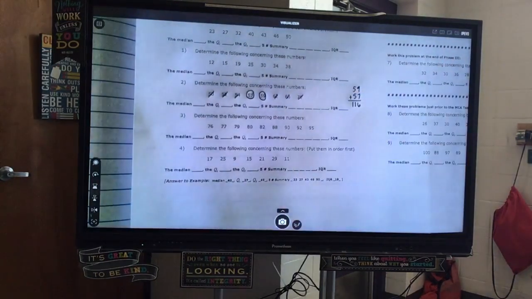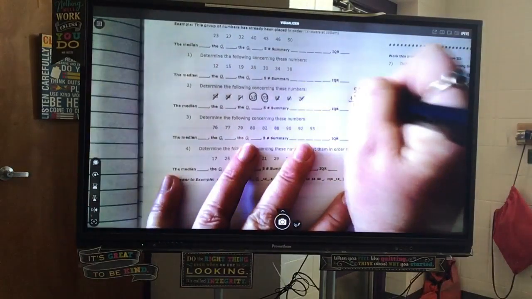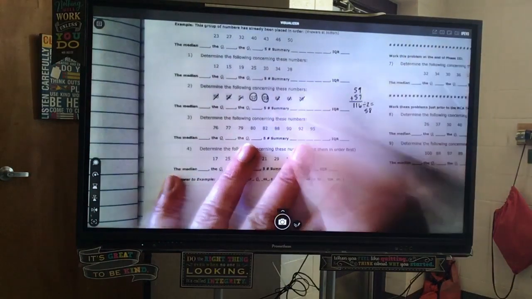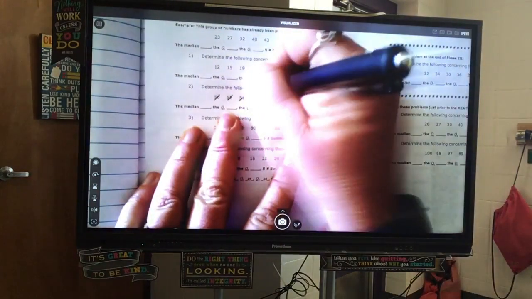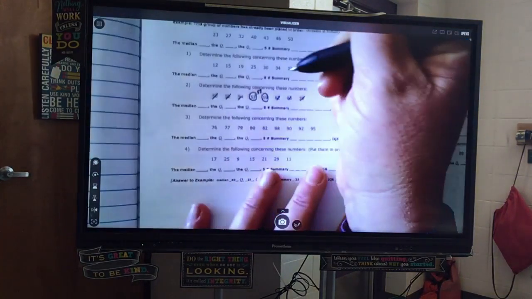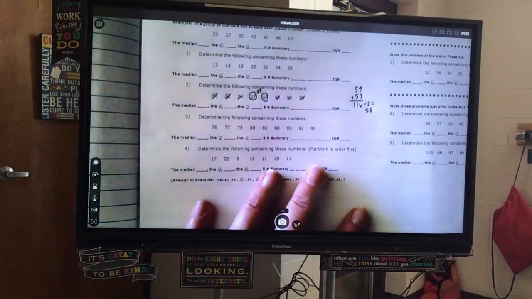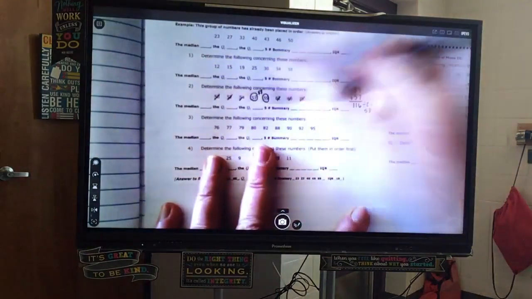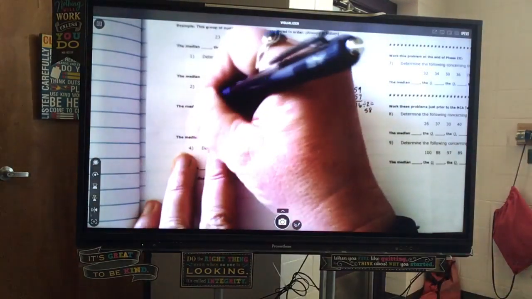Alright, so 116, then what do we do with that? Divide by 2. We divide it by 2, which gives us 58. Yeah. So, I was adding 59 and 58, so that's what I got mixed up. You're good. Alright, so 58 is actually your median. So down here in all this, we're going to put 58 right here.